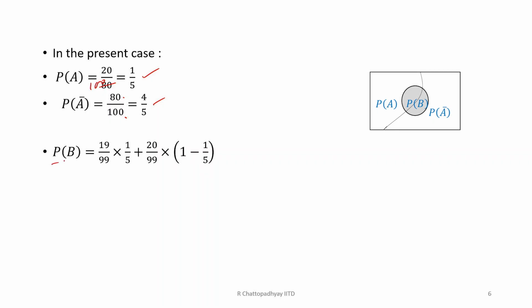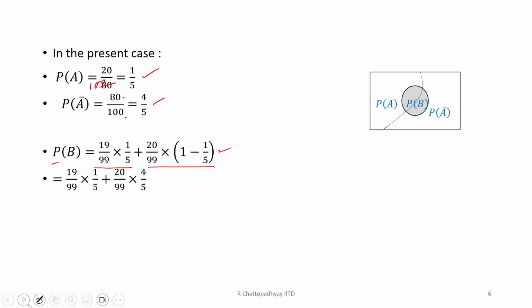So P(B) therefore will be this probability and this probability: 19 by 99 into 1 upon 5 plus 20 by 99 into 1 minus 1 upon 5.